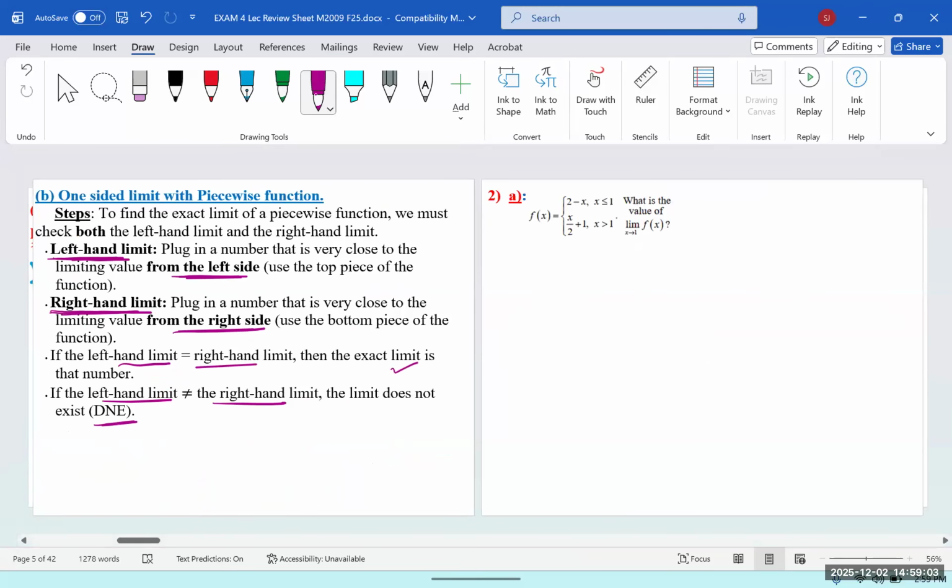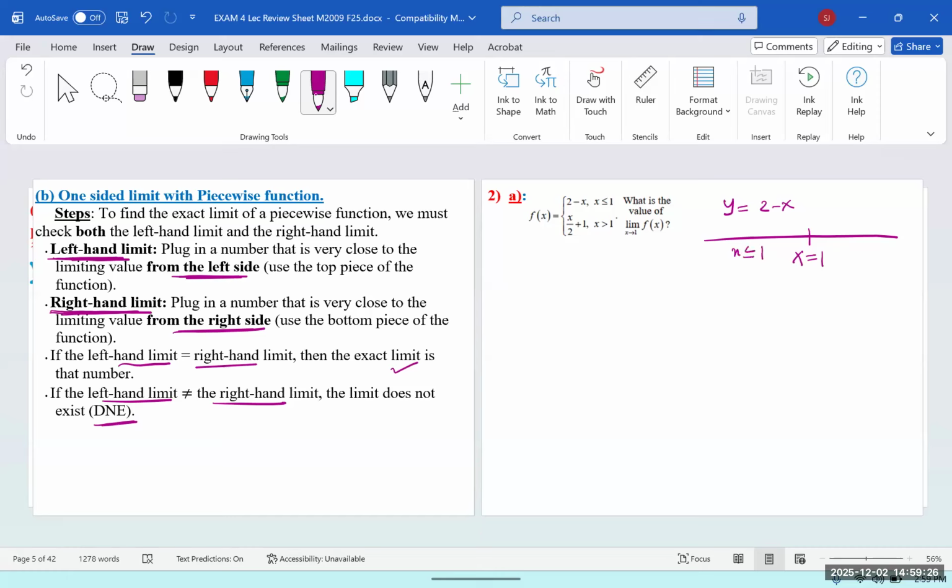For example, here, we have two functions. The first function is y equals 2 minus x when x is less than or equal to 1.